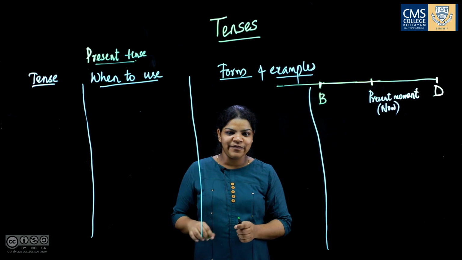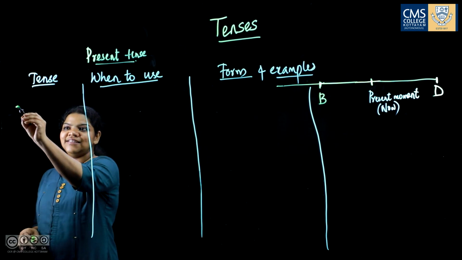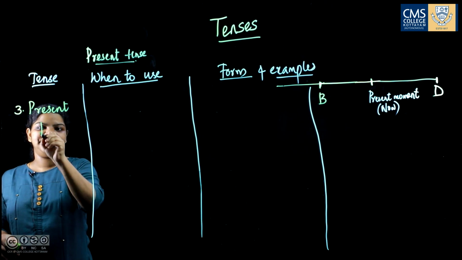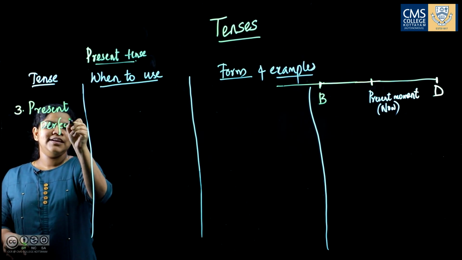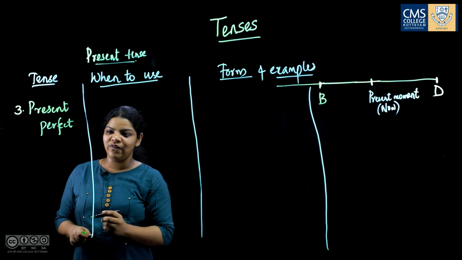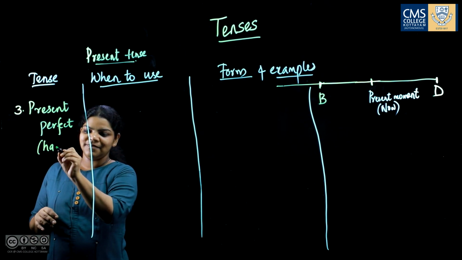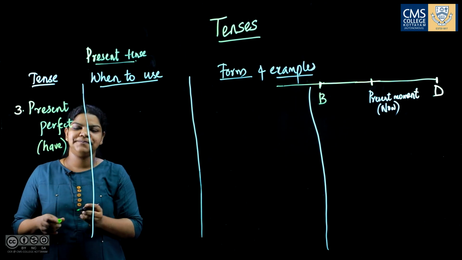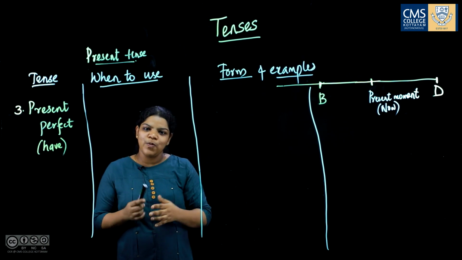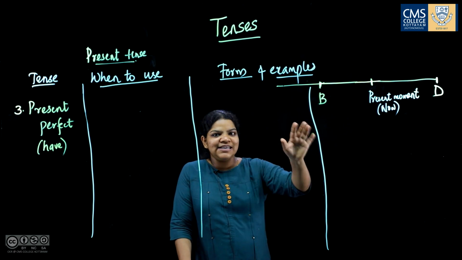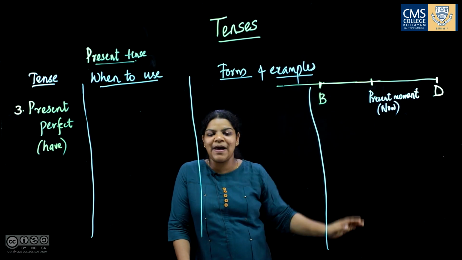The third form of the present tense is the present perfect tense. Now remember, the perfect form of the verb always has the forms of have with it. When do we use the present perfect tense? Simple present tense was something which extended over a span of time.